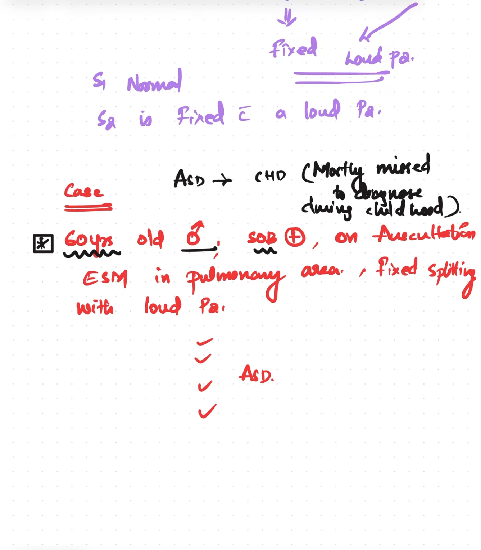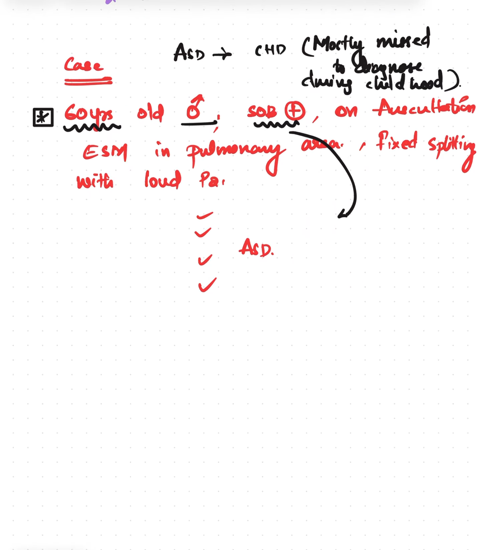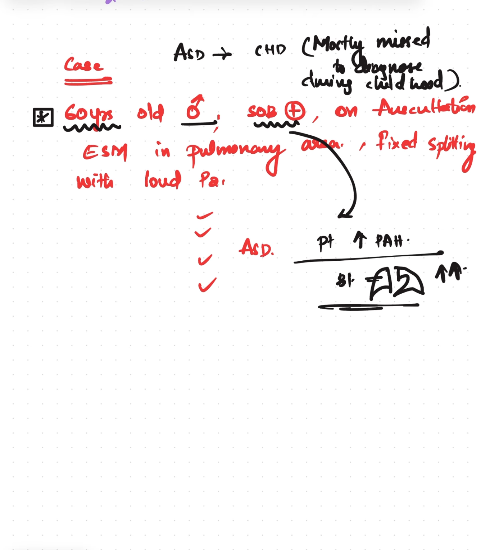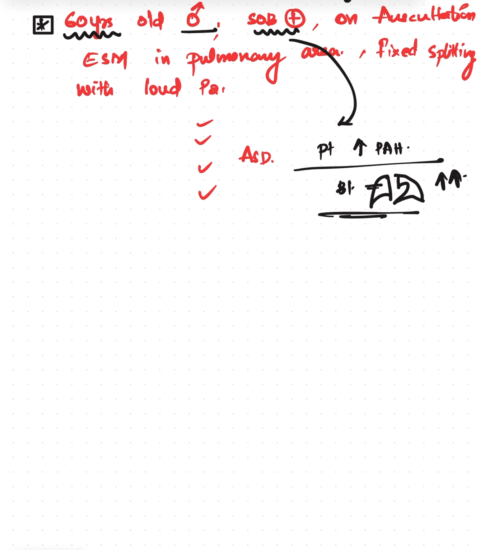The second thing we have here is SOB. Why? Whenever you study your blue book also, you need to study in this way. You need to question yourself why. So SOB, why? The patient has increased pulmonary arterial hypertension, as I told you. The blood supply and blood pressure towards the lungs is increased, so the patient will have pulmonary congestion.